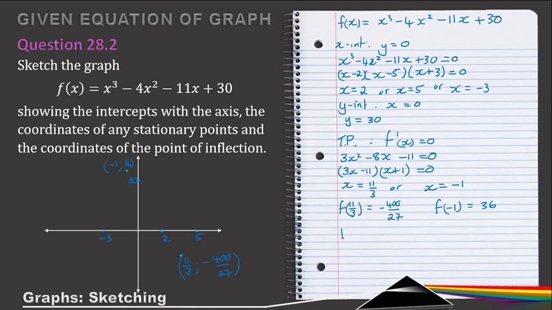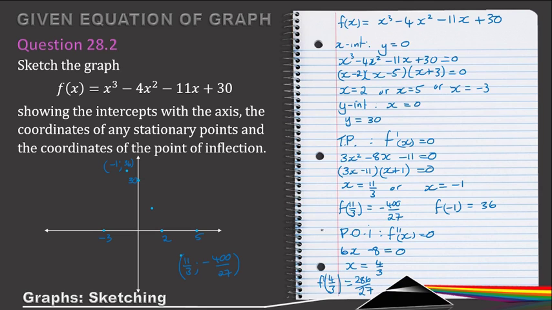Final thing to do is our point of inflection, and that is by putting the second derivative equal to 0 and solving. So my second derivative, if I derive this one again, we get 6x minus 8 equal to 0. So x is then equal to 4 over 3. So if I substitute this in, I will get 4 over 3 substituted in, and that would give us 286 over 27.